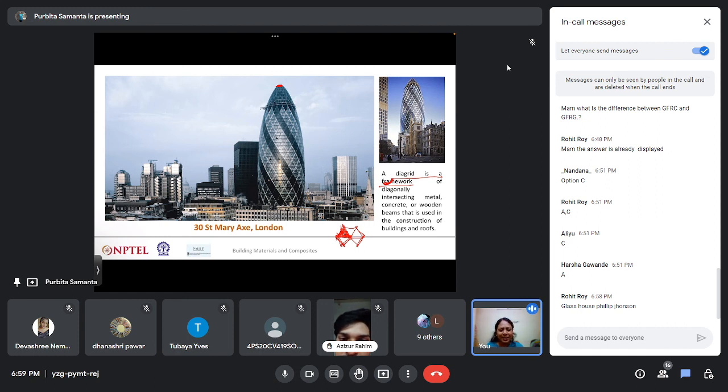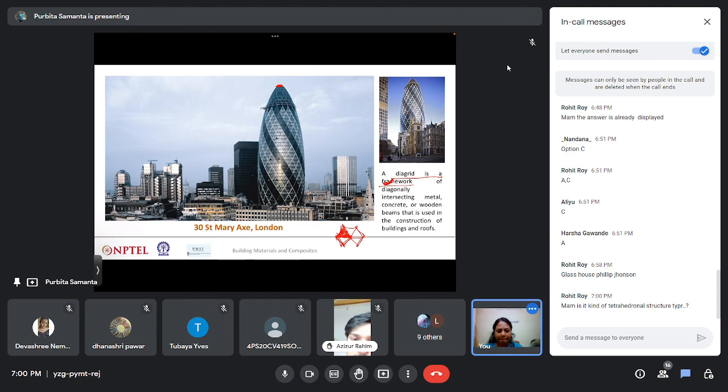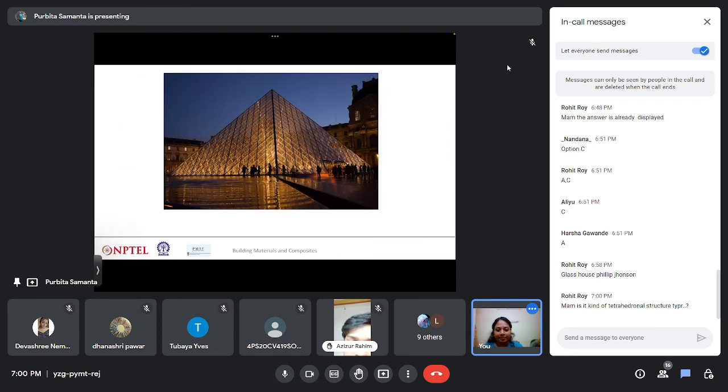So this is one example you have seen. Just let the screen change. It's taking a bit of time. Now it's showing. This is the Louvre Pyramid in Paris.